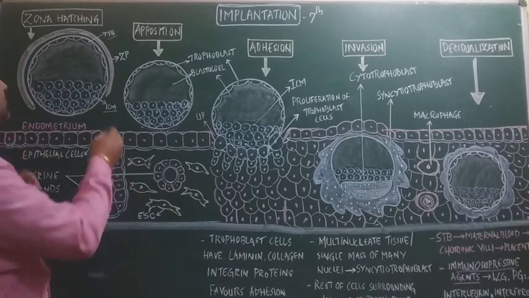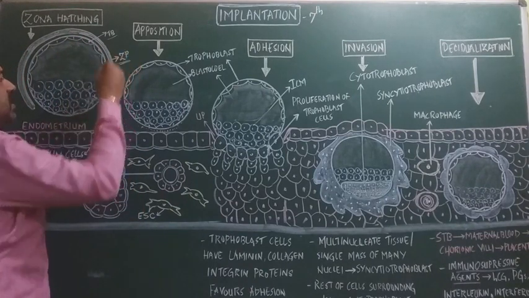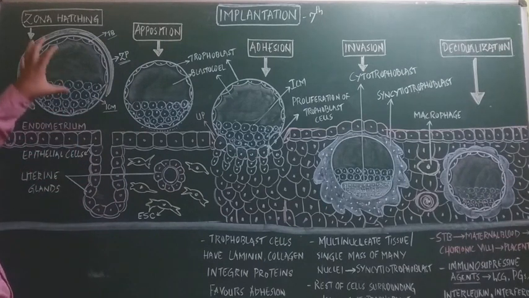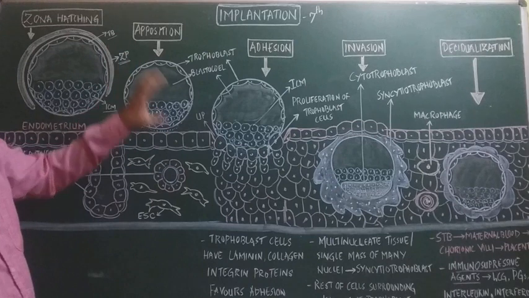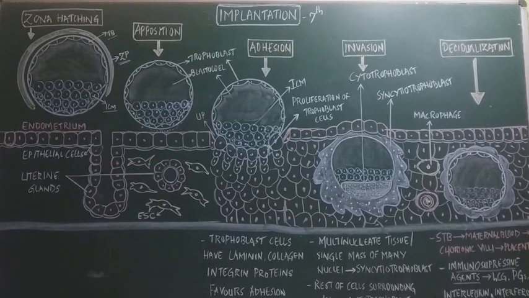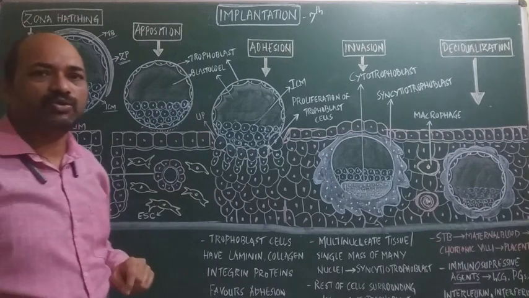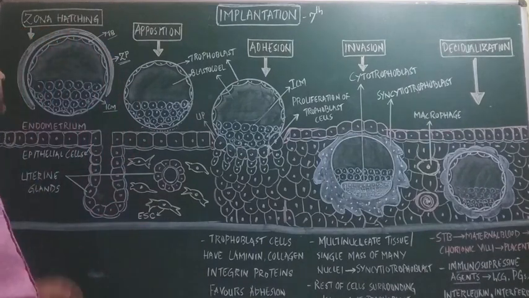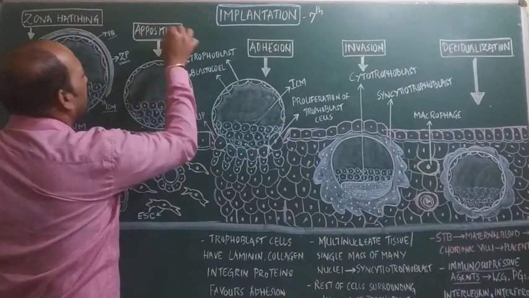The breakdown of the zona pellucida makes the blastocyst free to get attached to the endometrium. That is the first step, zona hatching. Zona hatching refers to the breakdown or removal of the glycoprotein layer, the zona pellucida, present around the blastocyst.